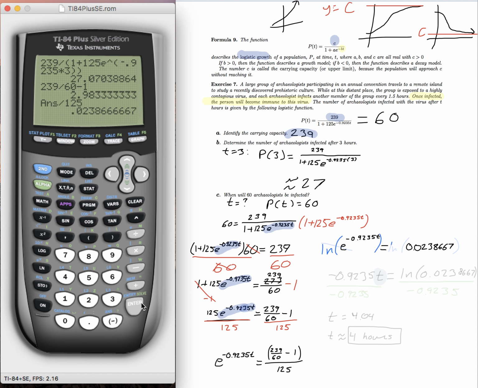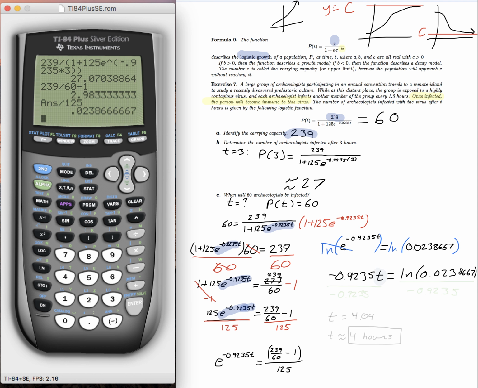So if we ln the left side and ln the right side, our ln and our e will cancel, and we'll just get what's inside the exponent, which is negative 0.9235 times t equals the natural log of all that stuff, 0.02386667.